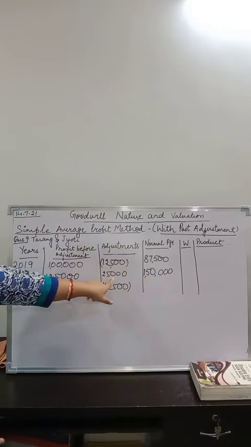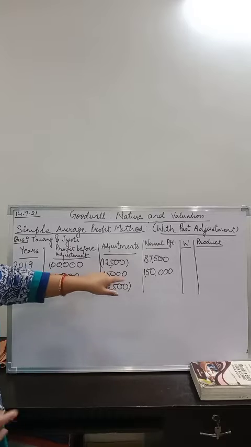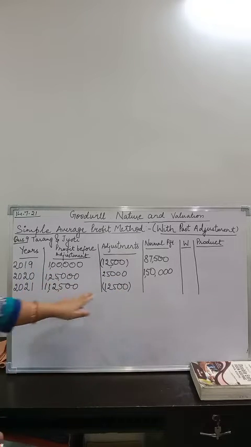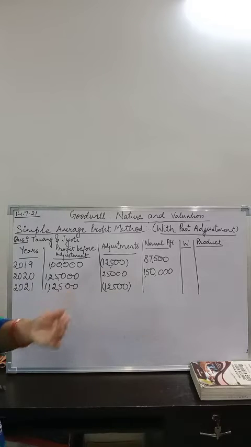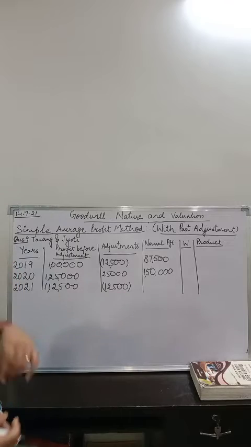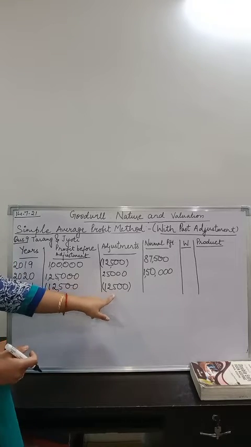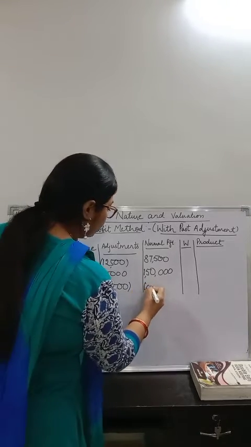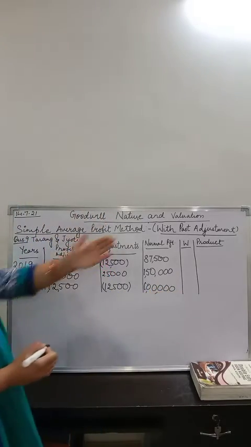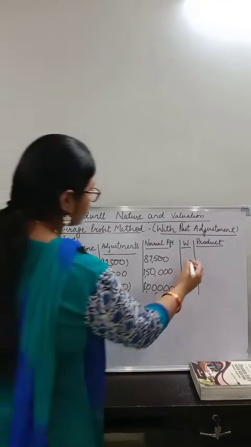It will increase the amount because this was an abnormal loss. It should not be reduced. And the third one: when you provide for the insurance premium as an expense, it will reduce your profit. So 1,12,500 minus this will be 1 lakh only.